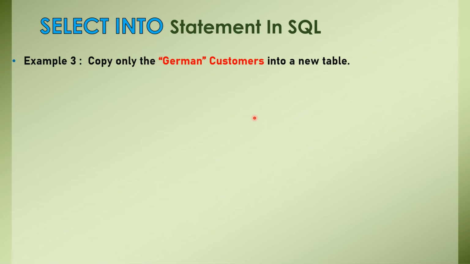So let us understand a third example in the select into statement in SQL, that is if you want to copy only the German customers into a new table. Suppose now your requirement is to copy only the German customers, meaning the customers who are living in Germany, into a new table. So the backup you need to create is for the German customers. So what will be the query?